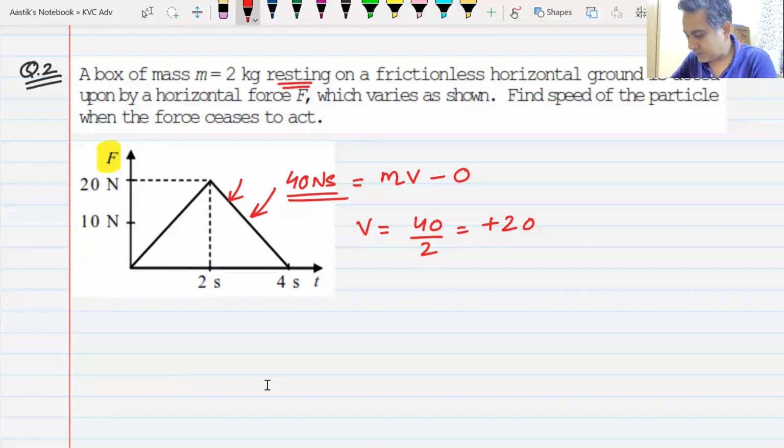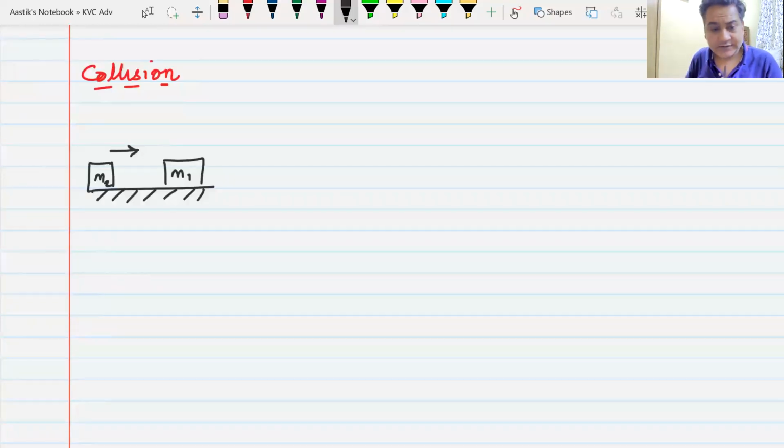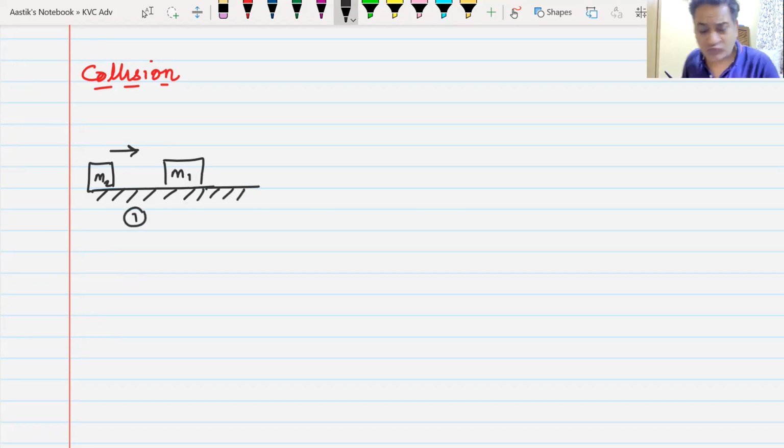There is a body of mass m1 and there is a body of mass m2. This body of mass m2 is moving with a velocity v. You can see me, yes or no? So there are two bodies. Case number 1, a body of mass m1 kept on the ground, a body of mass m2 hitting it from the side.